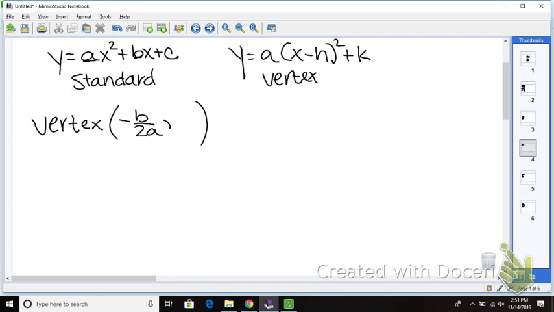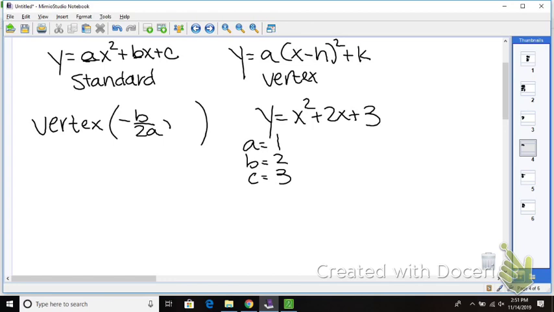It's always going to be negative b over 2a. So if I give you this example, y equals x squared plus 2x plus 3. What's the a, b, and c for this equation? A is 1, b is 2, and c is 3.